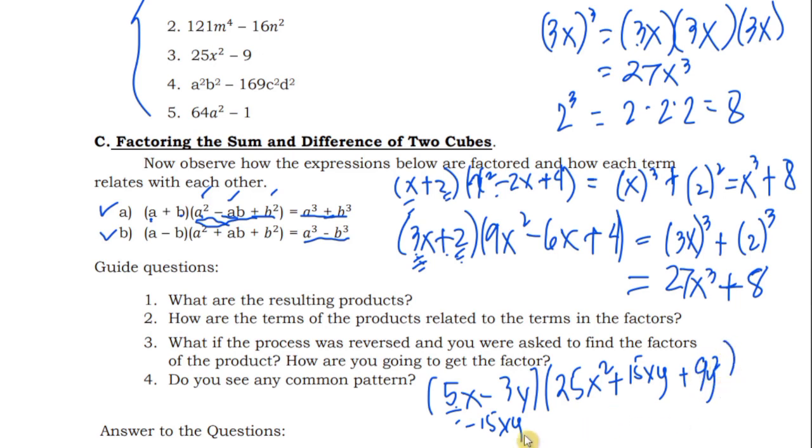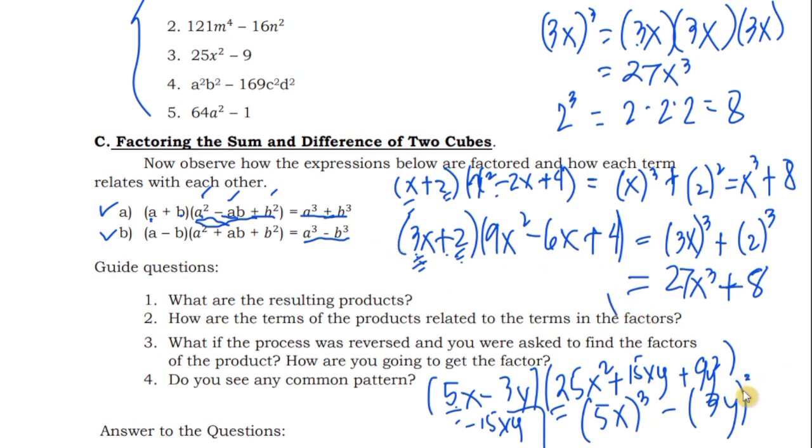So we could now make use of the result. The cube of 5x minus the cube of 3y. I wrote again the square, not the cube.